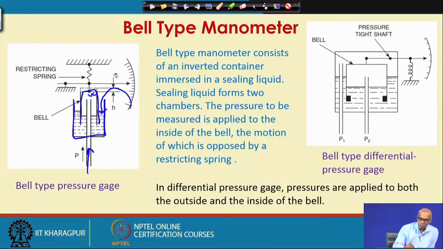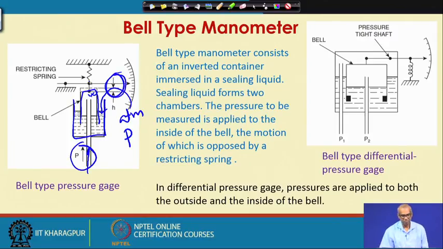So, the net displacement of the bell, which is measured by H, is basically a result of application of this pressure and the atmospheric pressure. So, this H will be a measure of the gauge pressure.